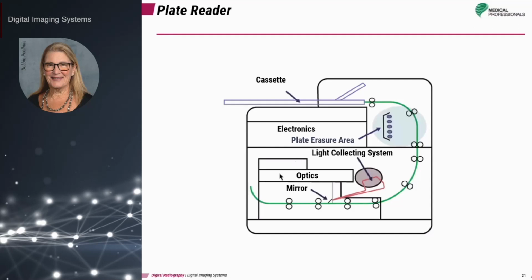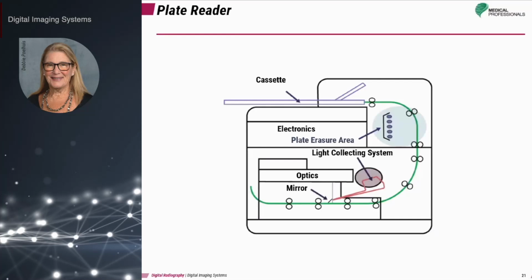The optical system is made up of a laser, beam shaping optics, light collecting optics, and optical filters. The optical system is designed to project and guide the precisely controlled laser beam back and forth across the plate, as we talked about, in a raster pattern.